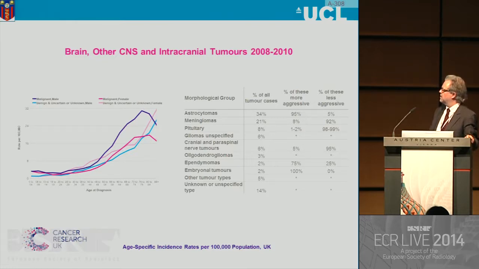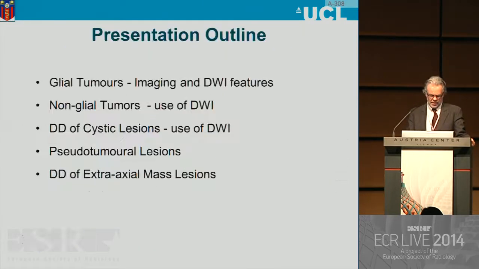Just by way of introducing, this is the latest statistics from the Cancer Research UK, and you see that the incidence of malignant and benign brain tumor increases sharply with age. Now, the most common tumors are astrocytomas. They actually include glioblastoma in there because it's an astrocytic-based tumor, 95% aggressive, and then meningiomas, and then a whole lot of other tumors. So my talk is going to focus on glial tumors, the imaging characteristics, and how you can use DWI to further characterize it.